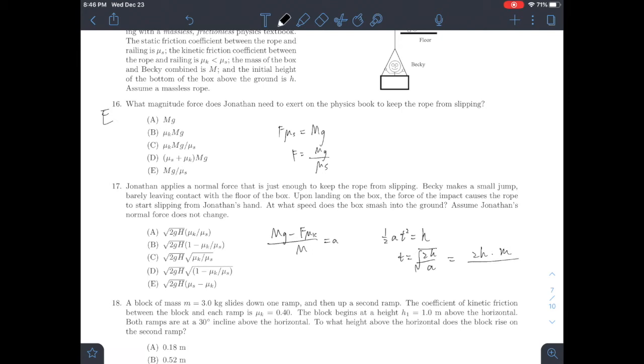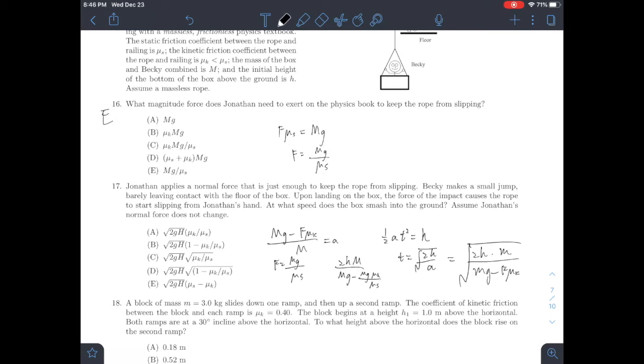Then we know a is equal to (mg minus F mu k) divided by m, because this time it's kinetic friction, not just static friction. And kinetic friction is smaller than the static friction. Then we plug in F to the equation. We have 2hm over (mg minus mg times mu k divided by mu s).